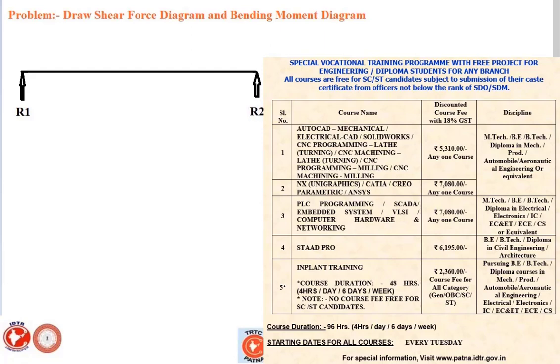Then you have to apply a load. So here is your 10 kilonewton. Then after you have to apply the load.